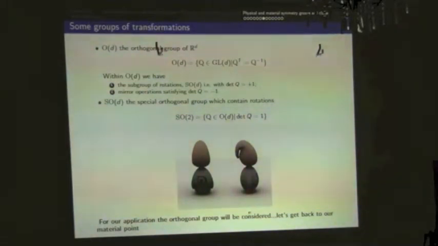Once again, you can check easily that it satisfies all the axioms. But more important is, okay, it's the group we are interested in. But what is the information that is contained in this group?